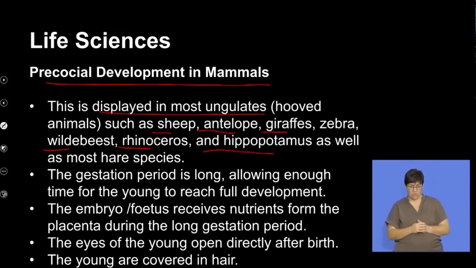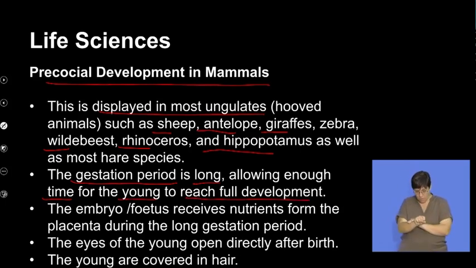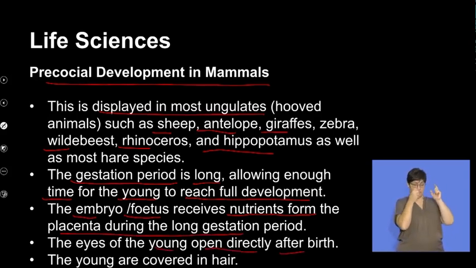And you'll find that these mammals show a gestation period, or the development of the young, being sufficiently long, and this allows for enough time for the young to develop fully and reach development completely within the uterus. The embryo or the fetus receives nutrients from the placenta during the gestational period. The eyes of the young open directly after birth, and the young are covered in hair.